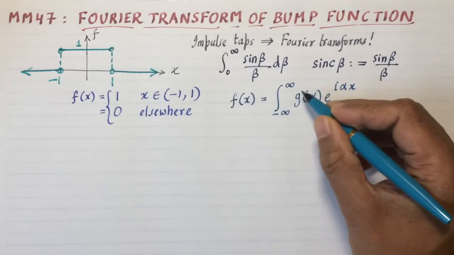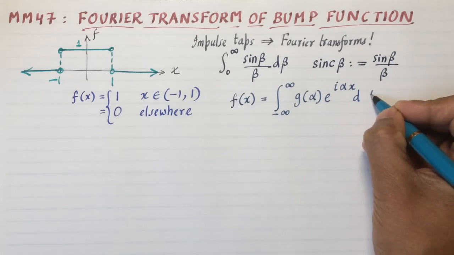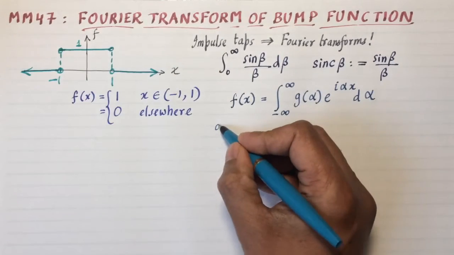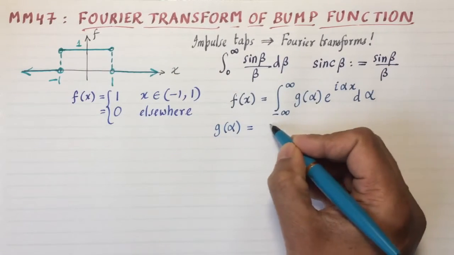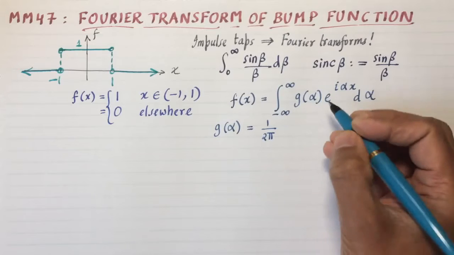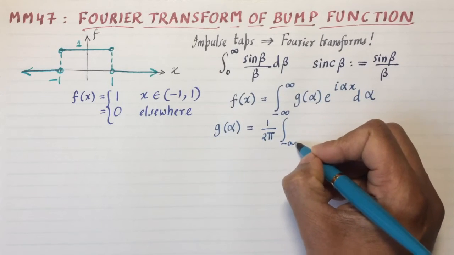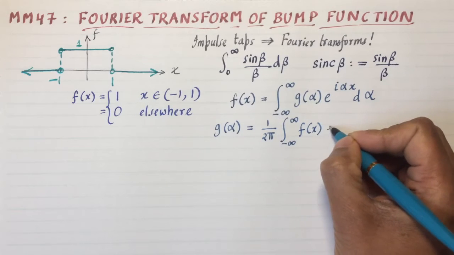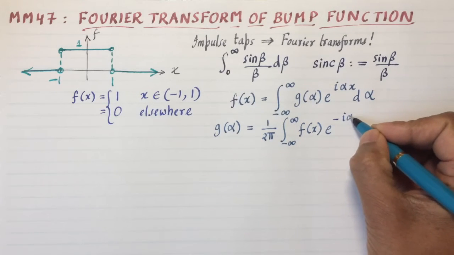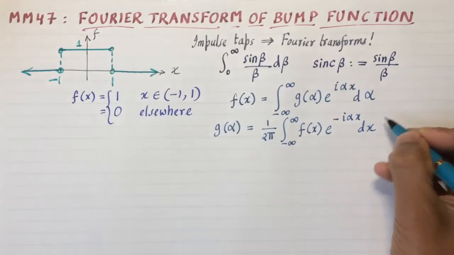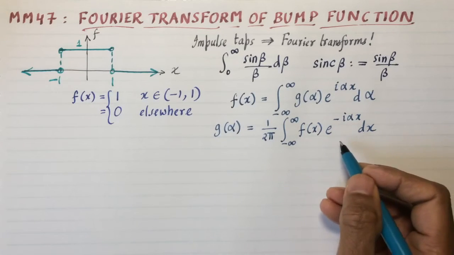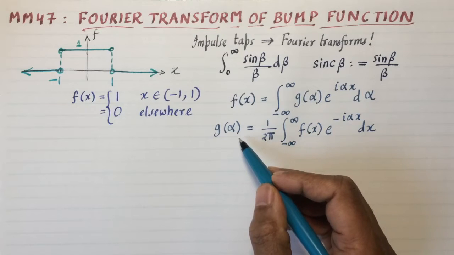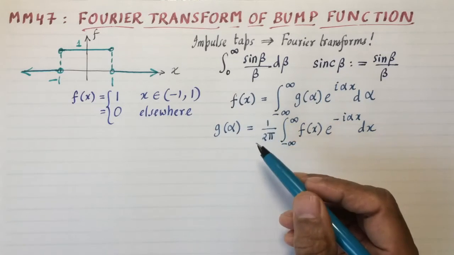And instead of summation sign over n, you write integral over alpha. It's as simple as that. Where g of alpha is 1 over 2 pi, the old mathematics normalization is what we're going to stick with in this course, integral from -infinity to infinity, f of x e to the minus i alpha x dx. So that's the analog of getting your coefficients Cn, and this is called the Fourier transform, the integral transform of f.